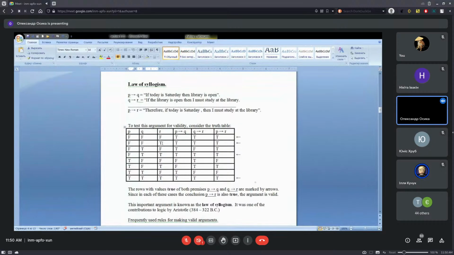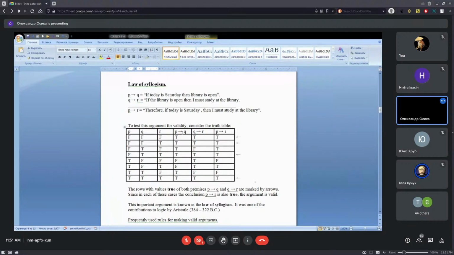From false, again, it is true. From false, it is true. From false, it is true. From true, false, it is false. From true, false, it is false. True and true, true. True and true, true. Okay.